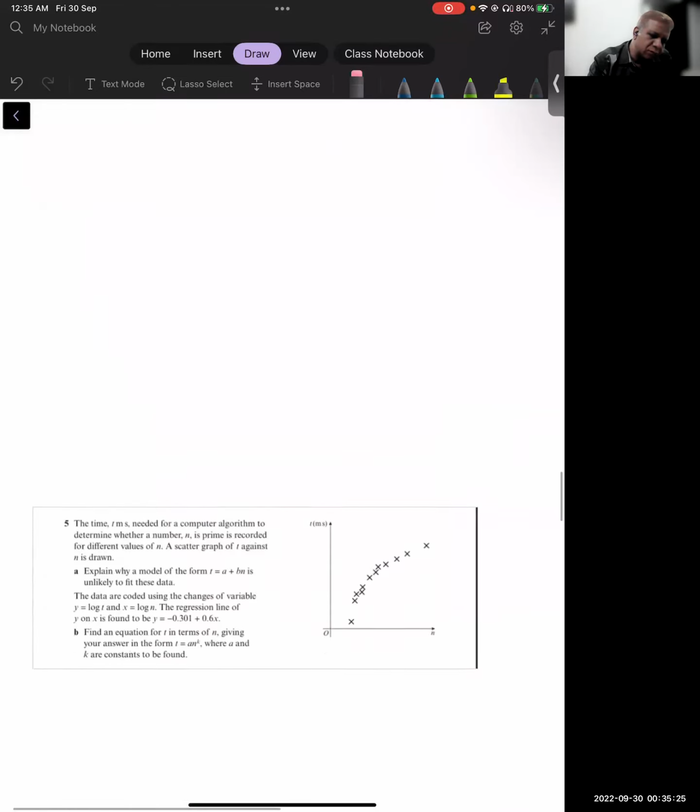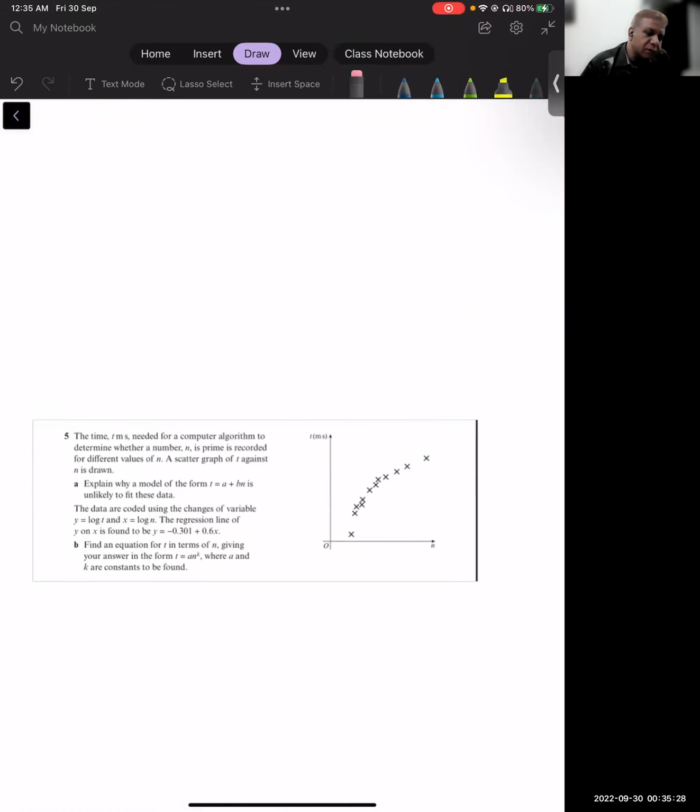Now, question number 5. Let me read it and see whether you can do it. T is equal to A plus Bn, can it be applied to this or not?